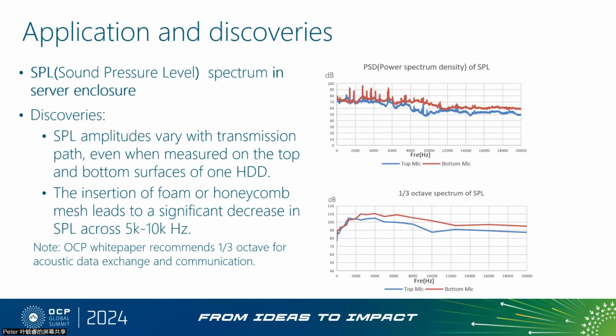We can discover how SPL varies in the transmission path, even when measured on the top and the bottom surfaces of one HDD, and the insertion of foam or honeycomb mesh leads to a significant decrease in SPL across 5K to 10K Hz. Acoustical solutions produce acoustical insertion loss, which can be detected by the surrogate as well.